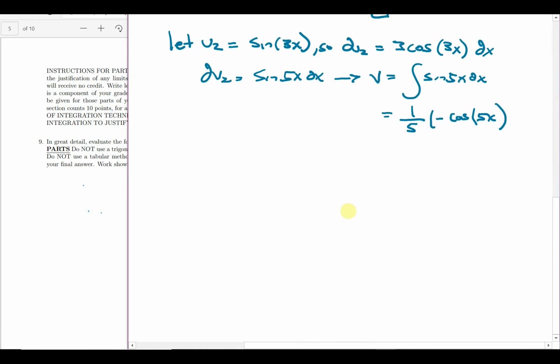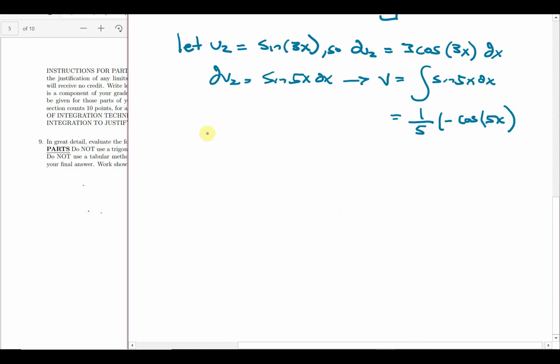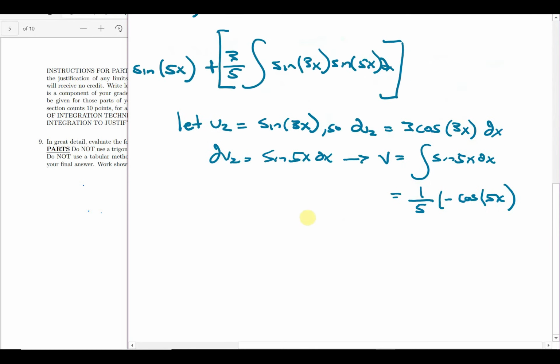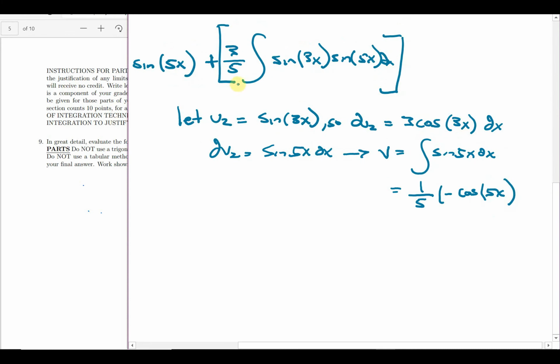So now we have to do it again, uv minus v du. So we have this expression right here. We know that this equals, so u is sine 3x, uv, negative 1/5 right here, and then we have cosine 5x.